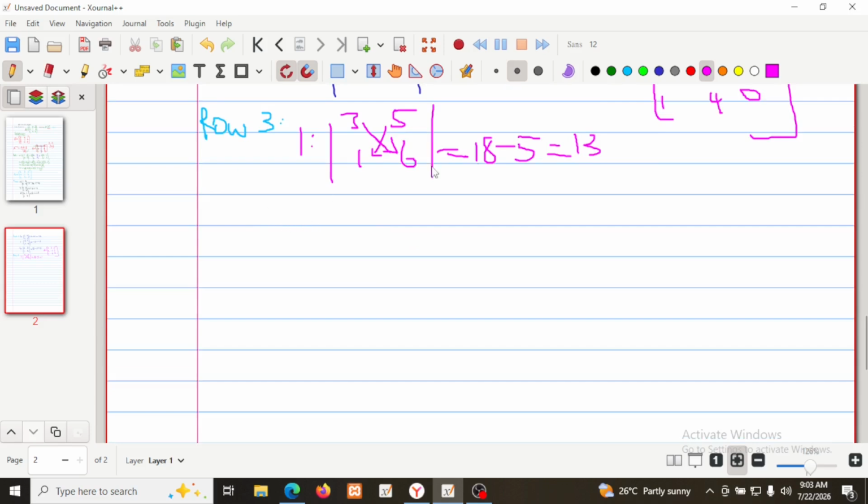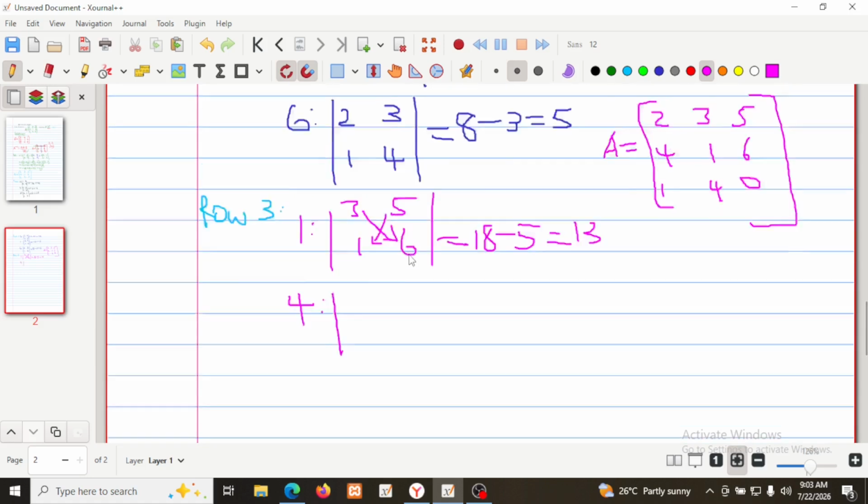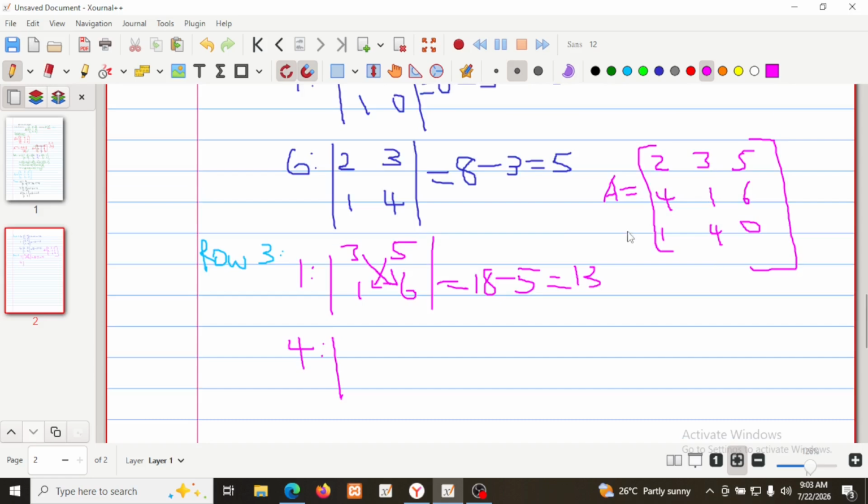Then we have 4. For 4 we block this and this, we remain with 2 5 4 6. So we have 2 5 4 6, which gives 2 times 6, this is 12, minus 20.